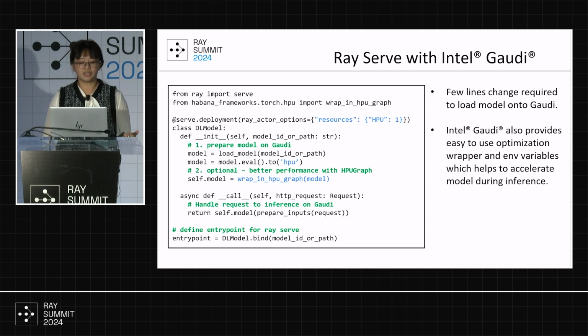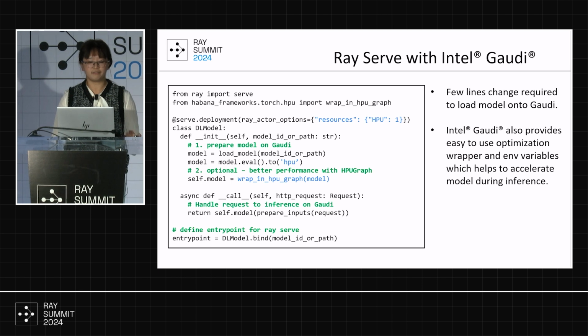The execution in lazy mode with HPU graph will help the HPU capture the entire model and replay it, so we can reduce additional time waiting for the model to execute. And Intel Gaudi also provides other easy-to-use optimization wrappers and environment variables, which help to accelerate the model during inference. I will share those later.